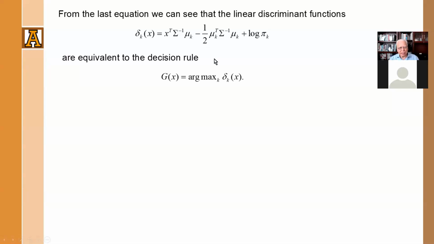That's why it's called a linear discriminant function. We would assign the observation with the p variables given by x to the group or category that gives a maximum for this decision boundary.